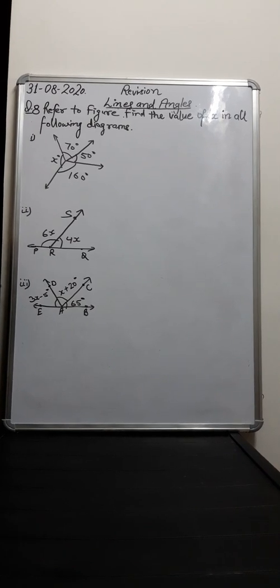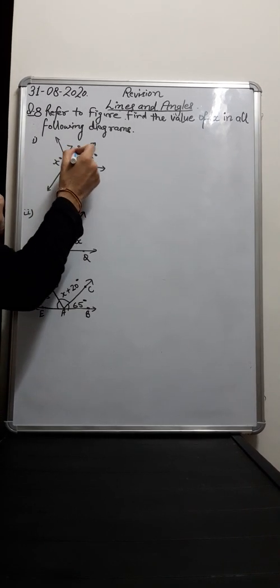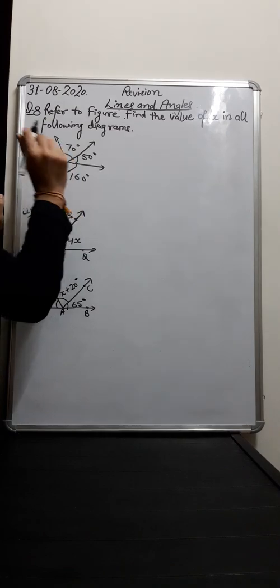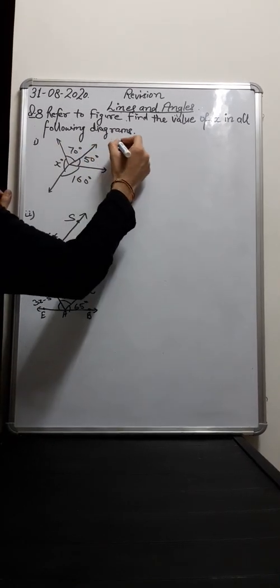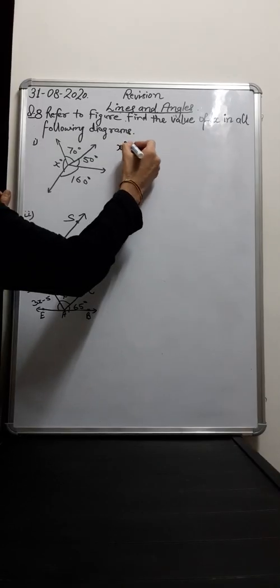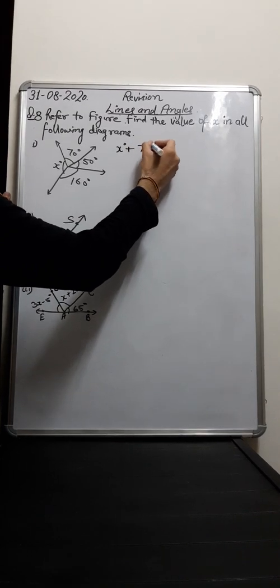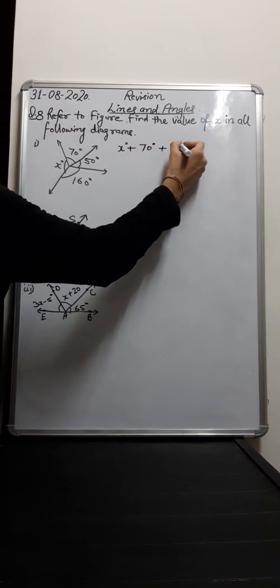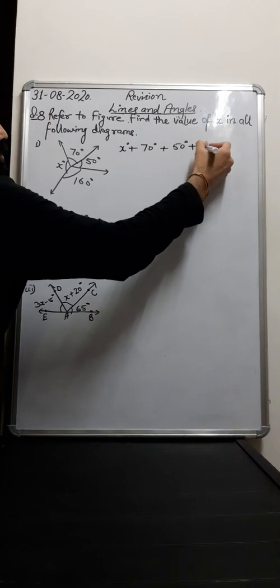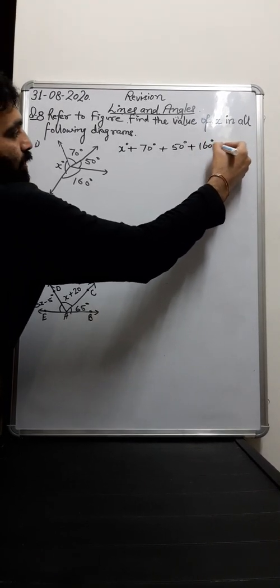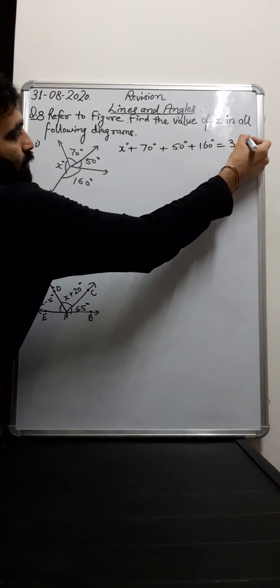The angles forming around a particular point, their sum is always 360 degrees. So here x degrees plus 70 degrees plus 50 degrees plus 160 degrees is equal to 360 degrees.